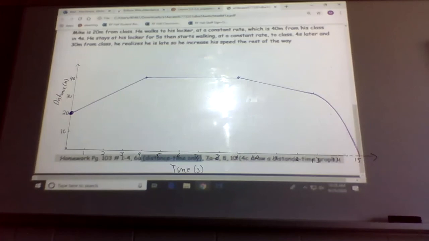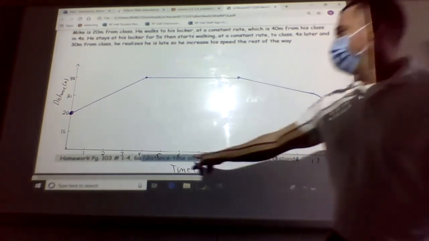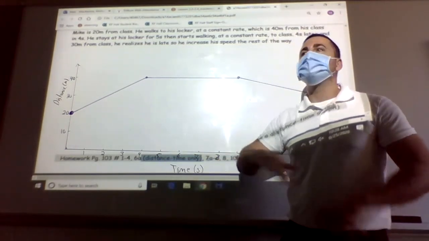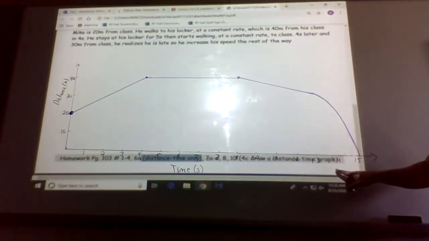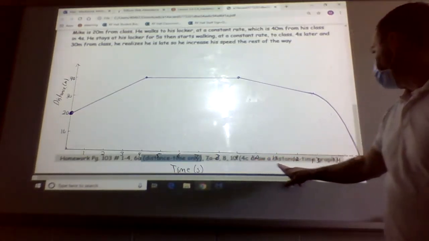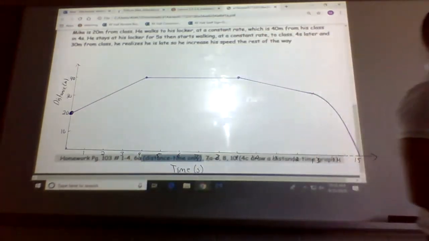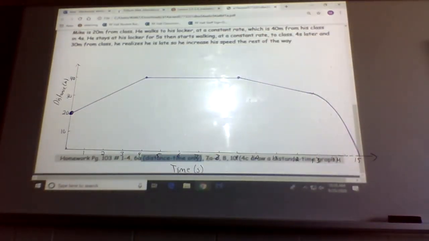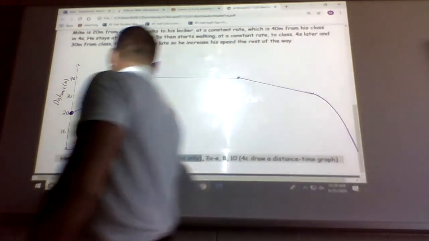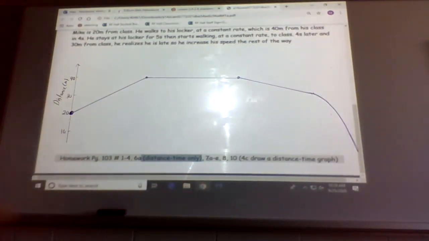So in your homework, when it says do a distance time graph only, don't do a speed graph. Same with 4C. Draw a distance time graph for 4C. If you see anything with speed graphs, you're not doing it. Sorry, so 1 to 4, 6.